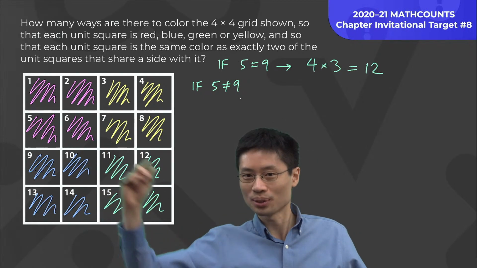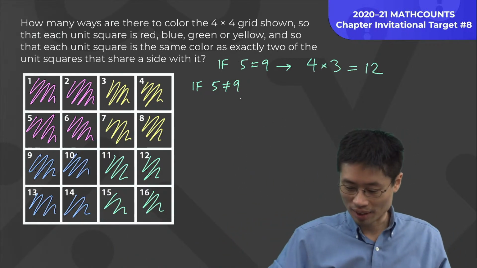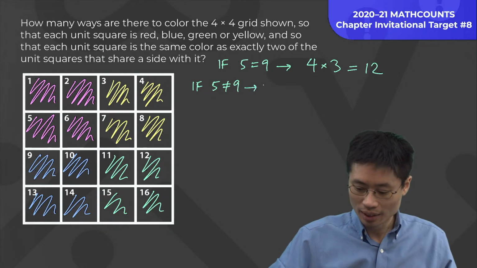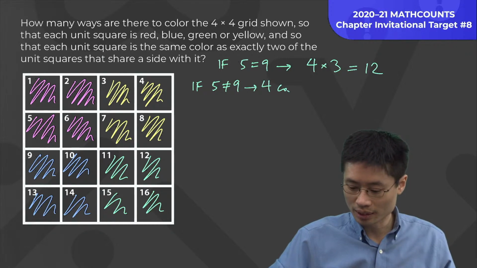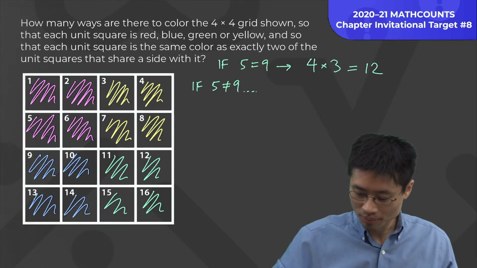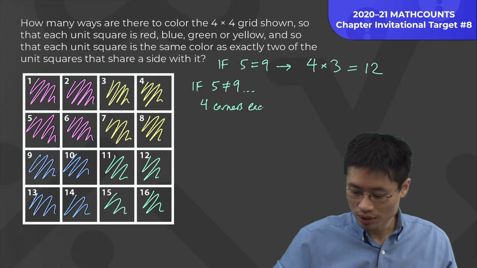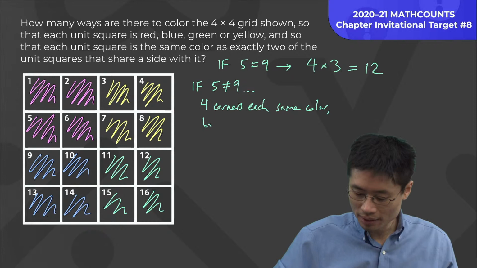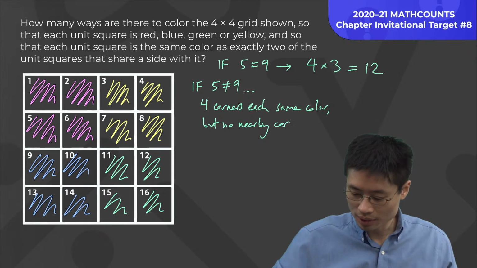Okay, so I can't put 2 of the same color next to each other. 5 not equal to 9, then somehow the 4 corners, well, I'm not going to draw an arrow to the right, there's a lot more dot dot dot. The 4 corners each are the same color, but no nearby corners are the same color.